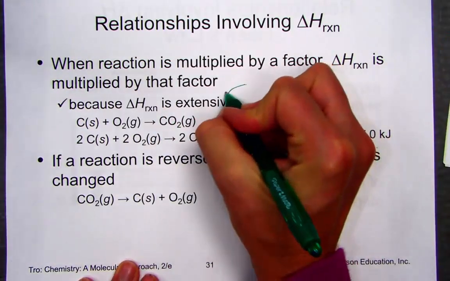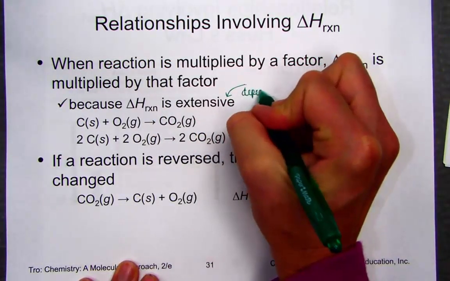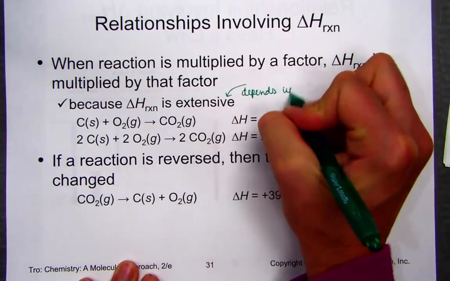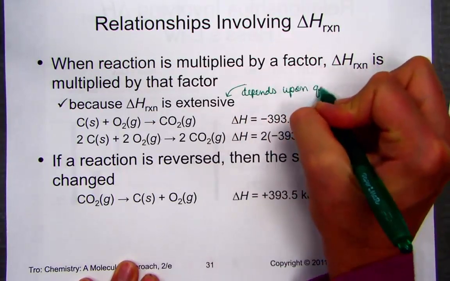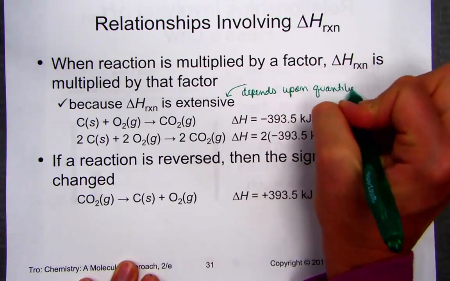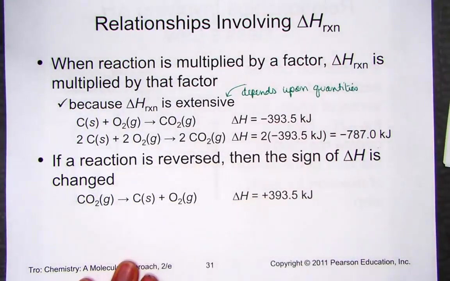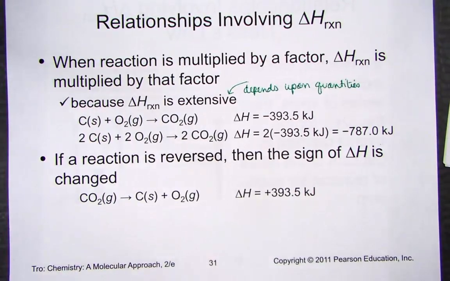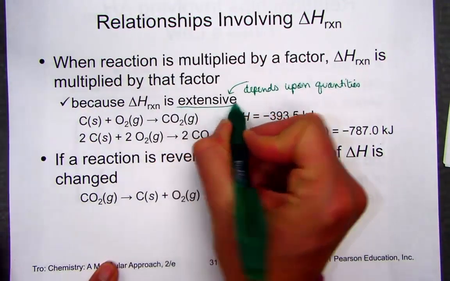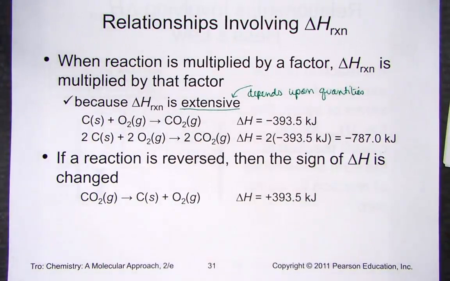That term simply says it depends upon quantities. How much you have will affect, as in what I just fixed in the last example, the amount of reactant and product will affect the size of delta H. The term extensive: mass is an extensive property. It changes with the amount of matter you contain.